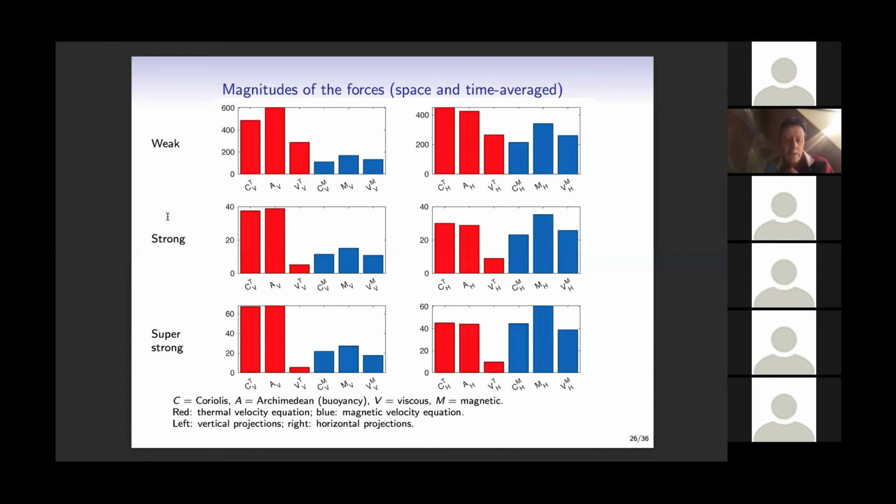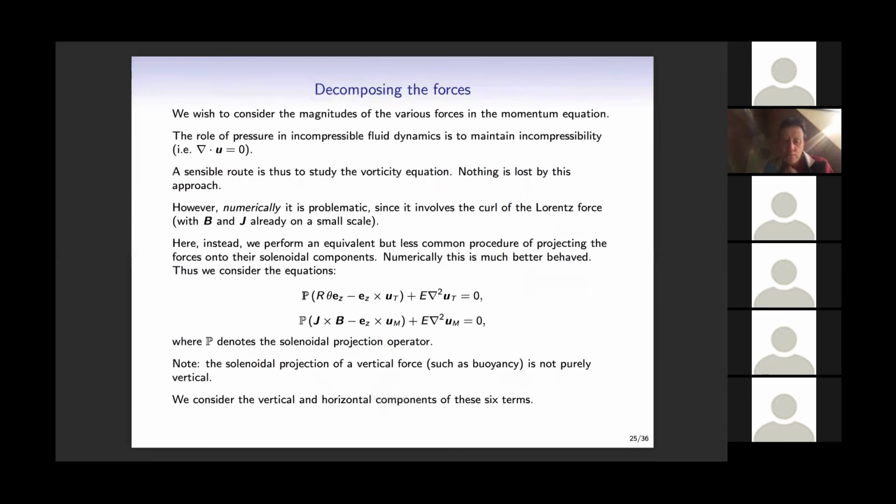For weak, strong, and super strong dynamos. And there is something very striking here that you can see, which is that as we get from strong to super strong, the viscous term gets really small. Yeah? So that's nice. So what does that say? It says that in this equation, in the super strong dynamo, this term doesn't matter.